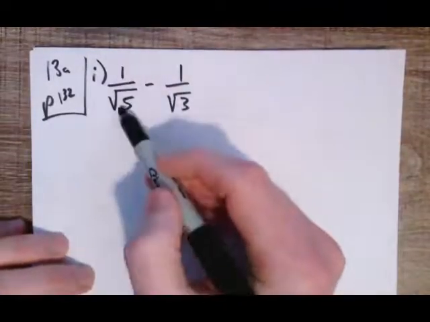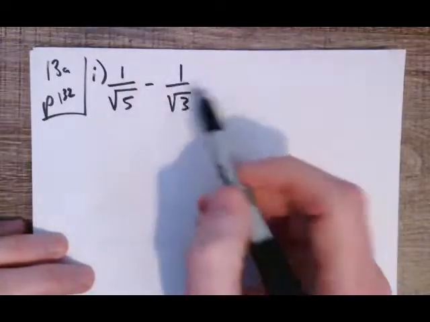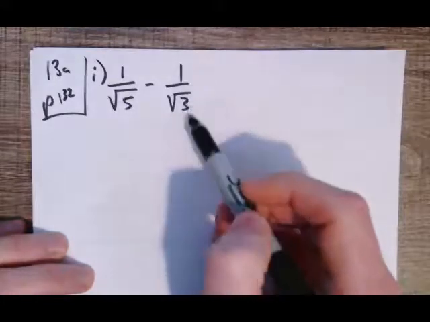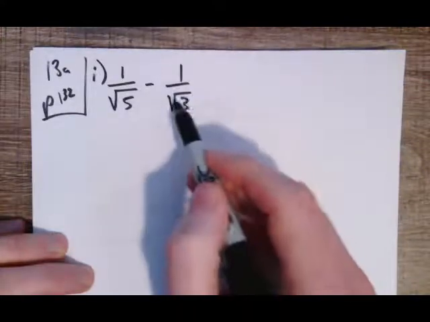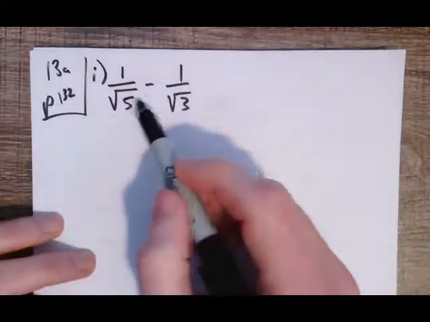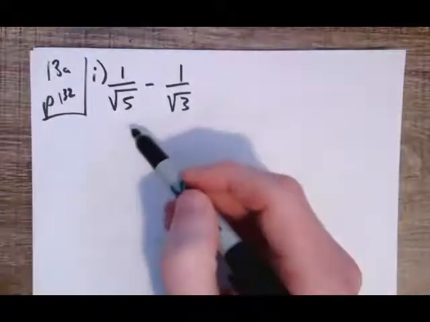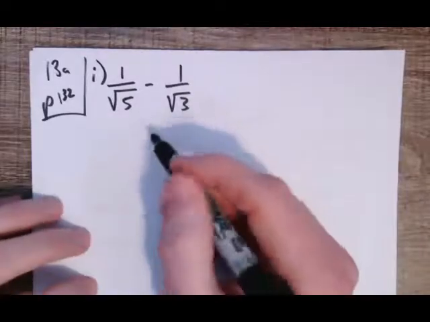If this is 1 over 5 minus 1 over 3, multiply this by 3 over 3 and this by 5 over 5. All I'm doing is making it so I have the same denominator, so that I can then add the fractions. And then I may need to get rid of the radical in the bottom, which I'm pretty sure I'm going to have to here.